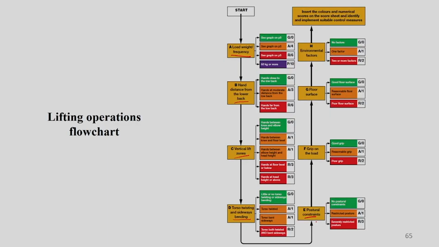Grip on the load. How you are holding it, because you are talking about lifting, right. What kind of grip you have on the load, that is F. And floor surface: what is the condition of the floor surface, if it is slippery or difficult to step in, all those things, and the environmental factors. So, these are the few things we are going to understand.